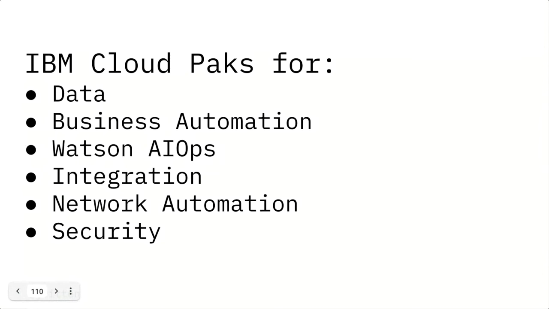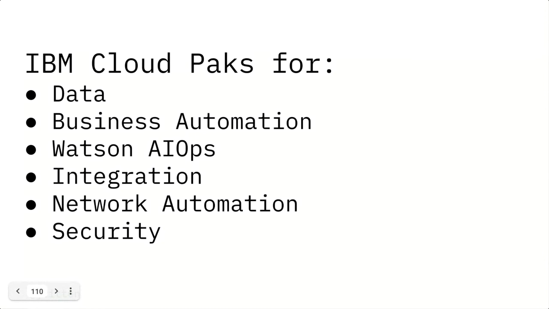So for instance, if you're looking to provision a containerized Watson AI Ops application, right? There's a lot of pieces that are included in building out a solution like that.